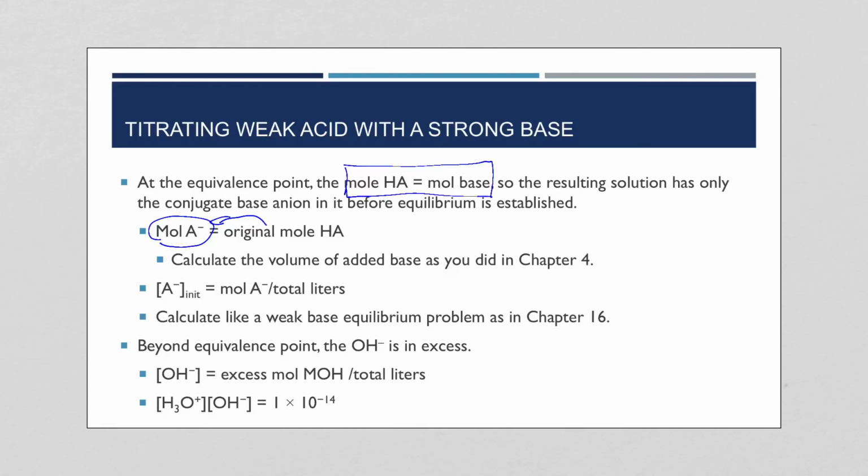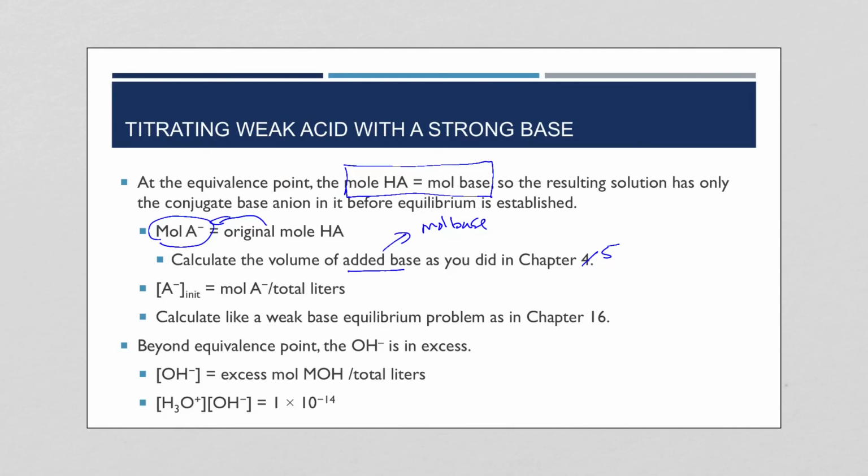And so we can calculate how much base we added. If I know the volume of the base and I know its concentration, I can figure out the moles of base. And I think this is now chapter 5. And then if we know the moles of base, we can figure out the moles of HA, and from there.